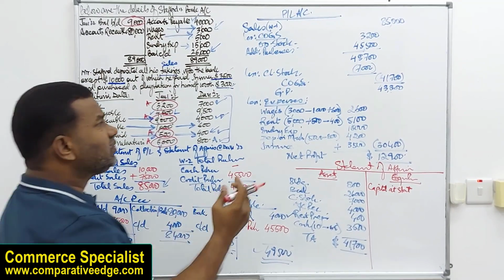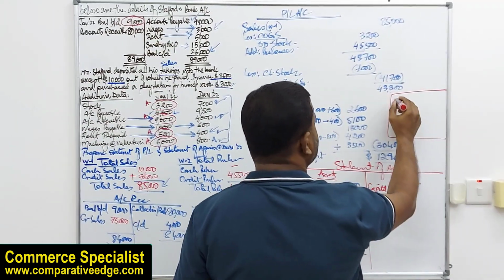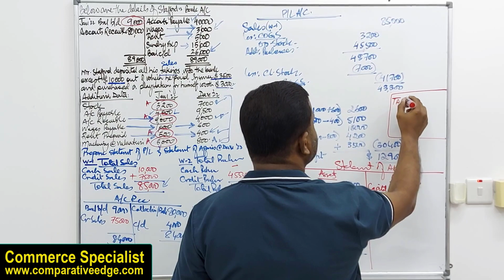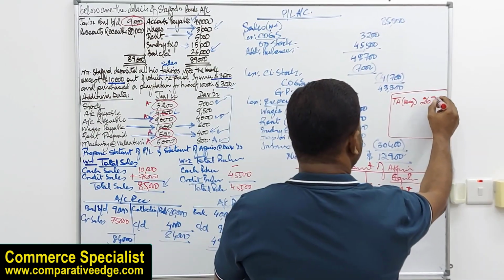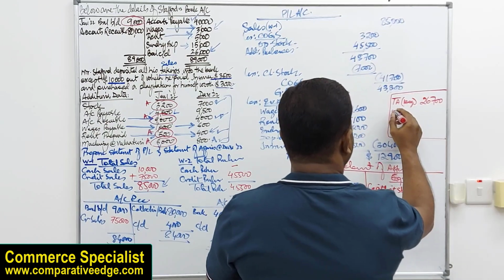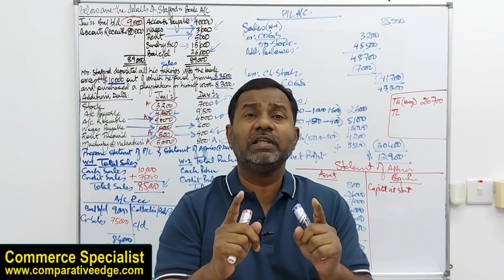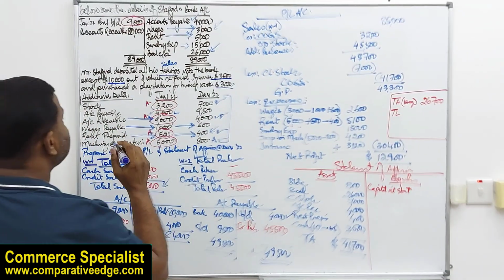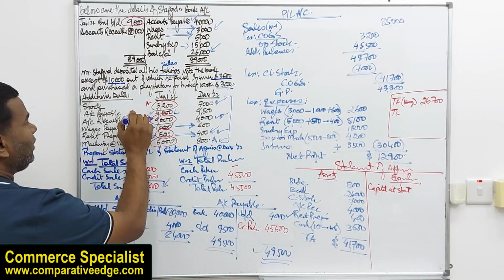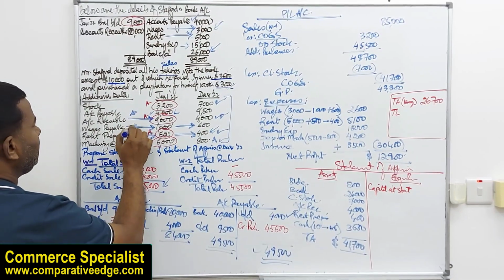start. I don't have space here, so if you don't mind, I'm working here. So total assets at the beginning, 26,700. Then less total liabilities at the beginning. So opening liability, if you notice here, I have accounts payable 4,000. I have wages payable.